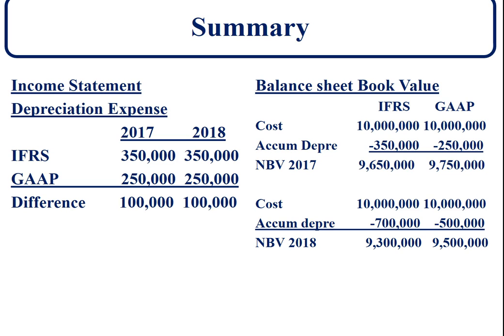On the balance sheet, our net book value is going to be different between the international standard and GAAP. As our depreciation accumulates, you can see that by 2018, we have a difference of 200,000. And that concludes what happens when we use component depreciation versus regular depreciation, and the difference between the international standard and GAAP.